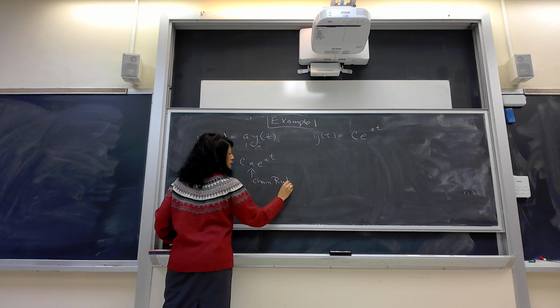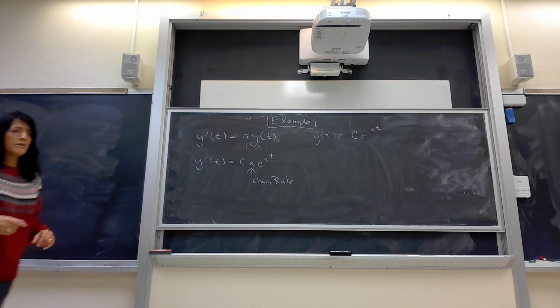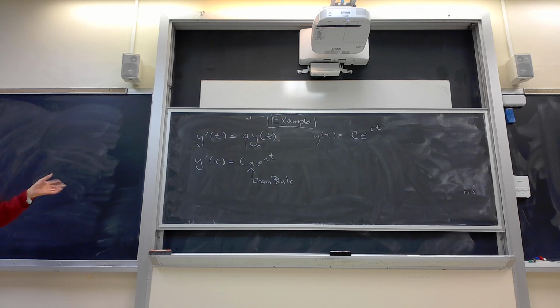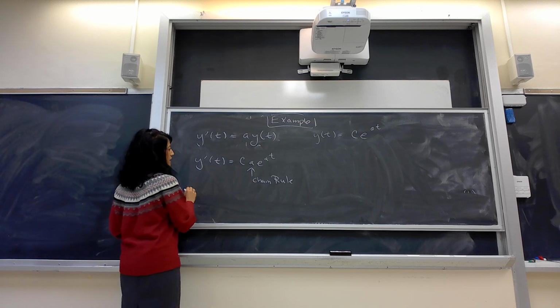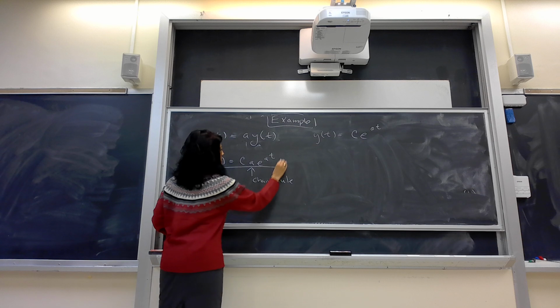I'll post my PowerPoint notes. In the PowerPoint notes, I have stuff that goes over again what the chain rule was, in case you forgot how that a comes there. So that's y of t up here, y prime of t is here.